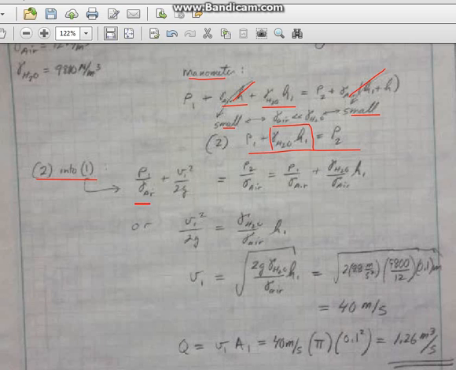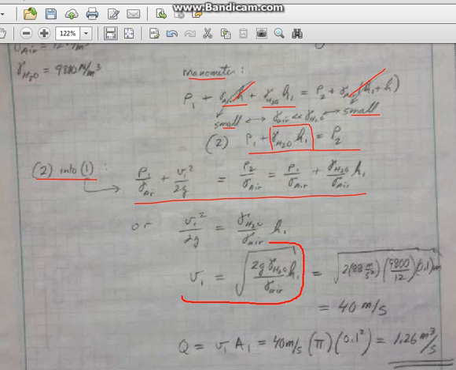And our revised Bernoulli equation looks something like this. And we can simplify and get this kind of square root term for V1. Start plugging in numbers at this point, and you find a velocity is about 40 meters per second.